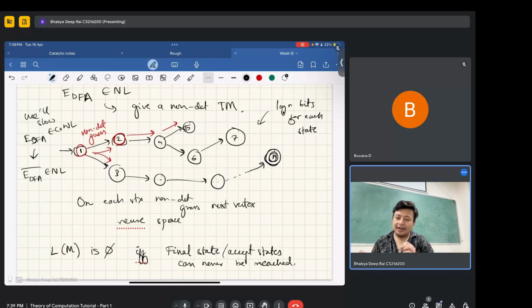Forget about it. Move to the next one, and the next one, and so forth. If you reach a final state, and if a path exists, you will definitely find it. Then you will declare that a final state is reachable. So the DFA belongs to E_DFA complement. That is, the language is non-empty.